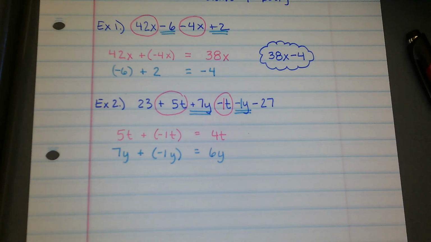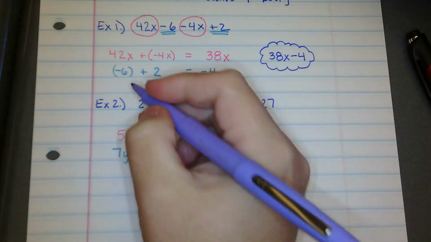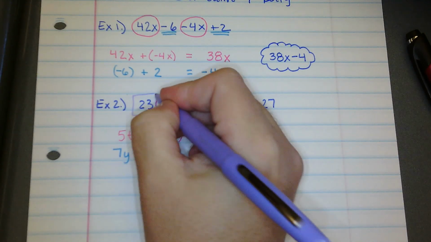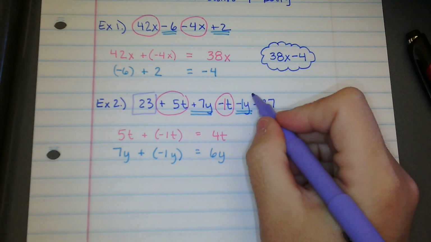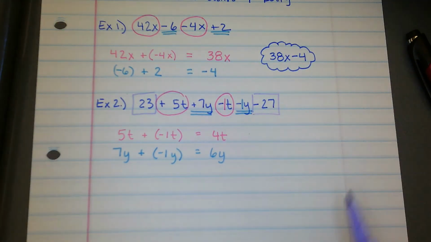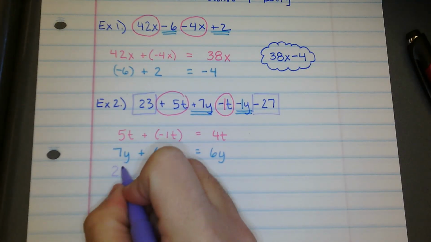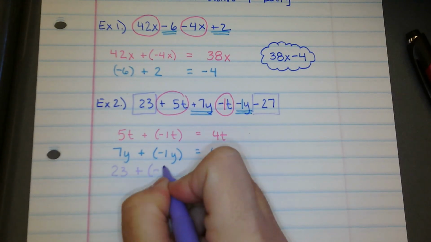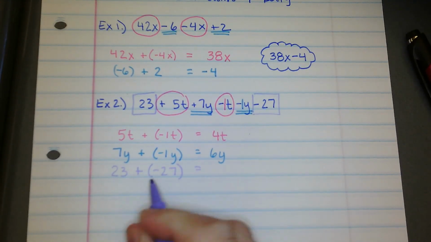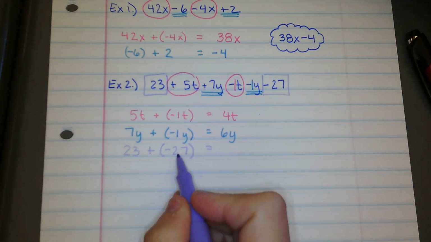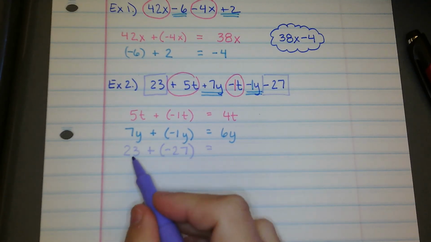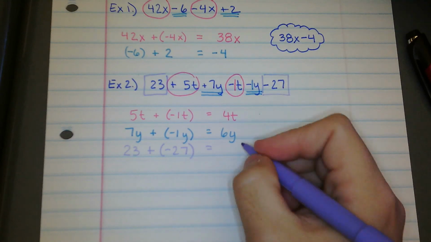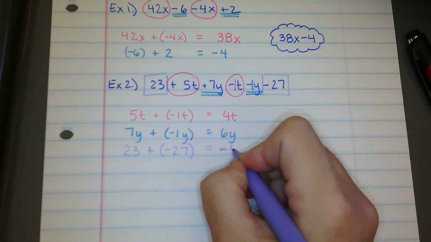And then in our very last one, we've got our constants. A constant is a number without a variable, and I'm going to put those in a box. So I've got 23 in one box, and this is a negative 27 in the other box. So I have 23 plus negative 27. So the negatives are bigger, and that means that we're going to end up with more negatives. Take away the positives from the negatives, and we should have a negative 4.